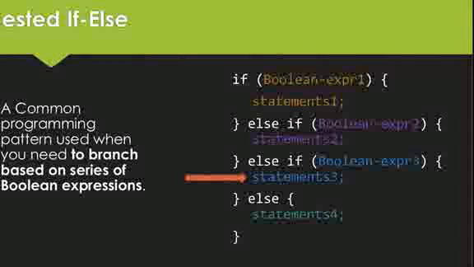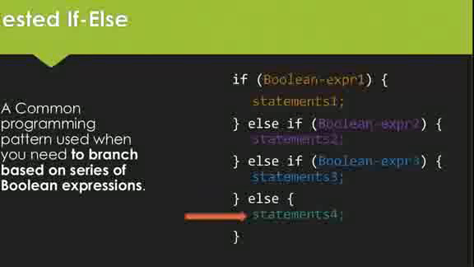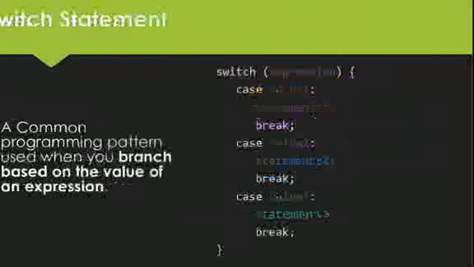And then finally, if expression 1, expression 2, and expression 3 were all false, I would then execute the else clause. So you can see how this becomes what we call an if-else ladder. As you can see, the if and the else-if statements form the rungs of the ladder.